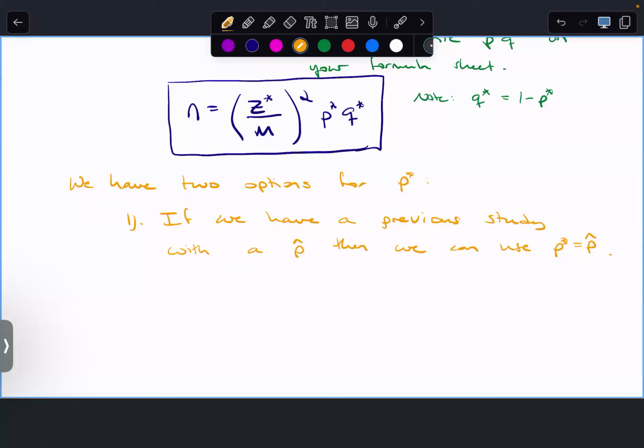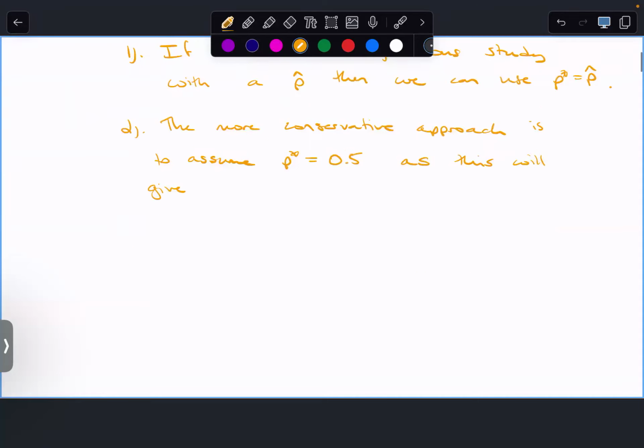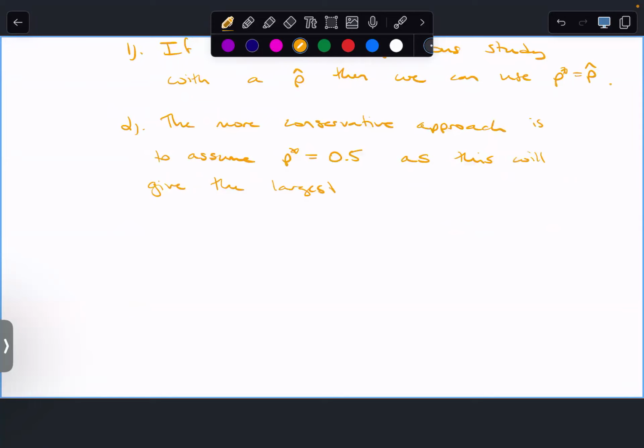That's going to maximize the N. And so here, the more conservative approach is to assume p star is 0.5, as this will give us the largest possible estimate for N.